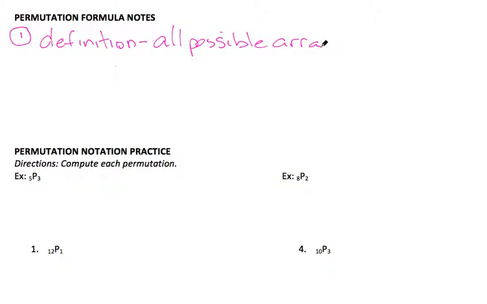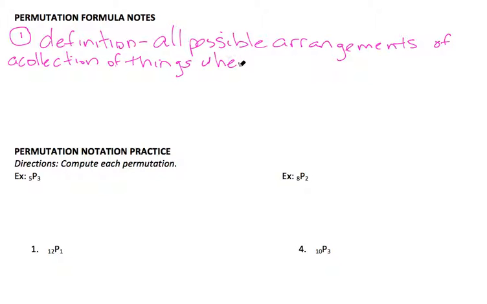Okay, so for permutations, first let's have a definition. The definition for a permutation is they're all the possible arrangements of a collection of things where the order is important.